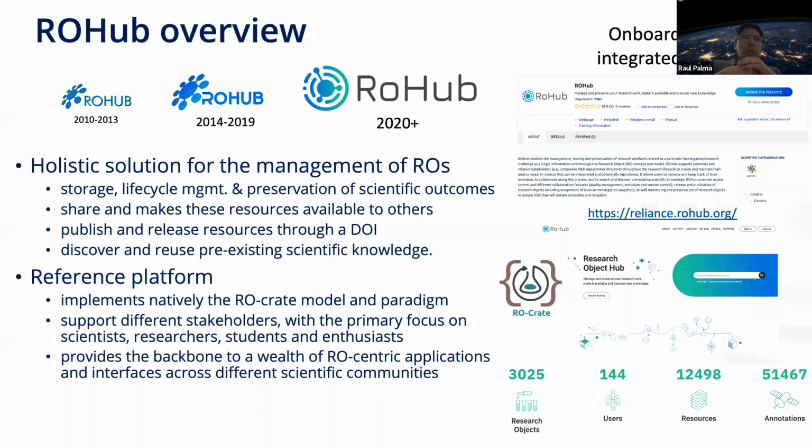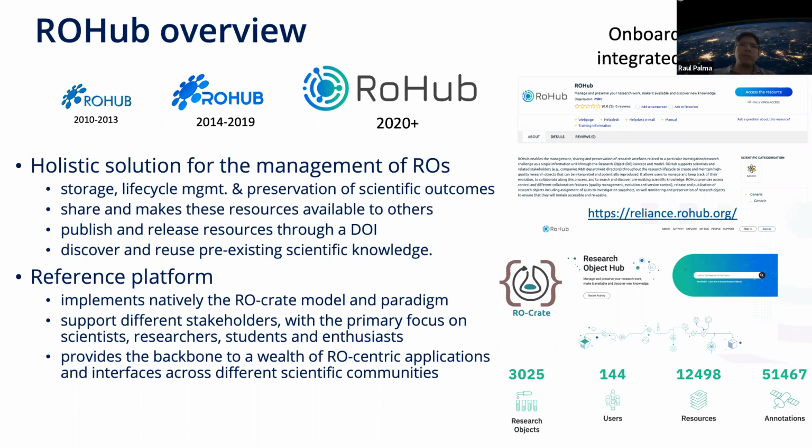And of course, you can use the platform to discover and reuse pre-existing scientific knowledge. RoHub is unique because it natively implements the RO-Crate model and paradigm. It was created from scratch using the research object paradigm.